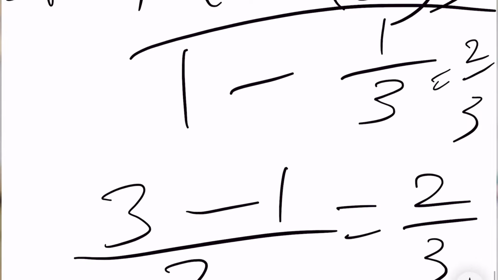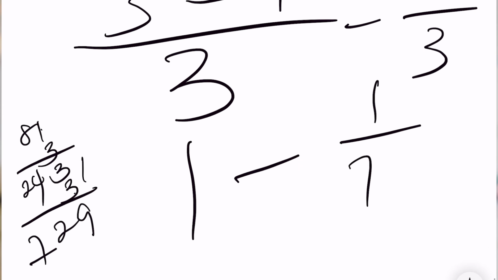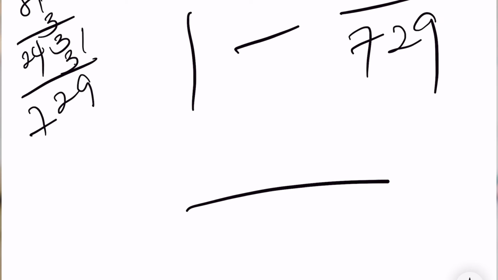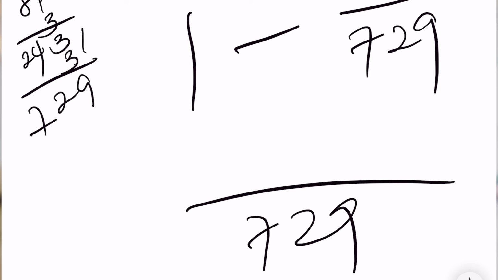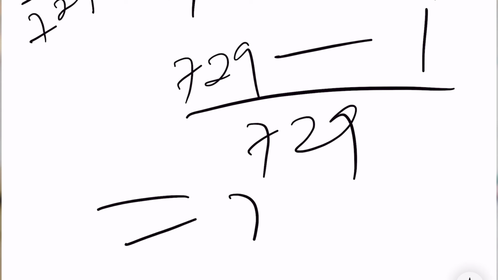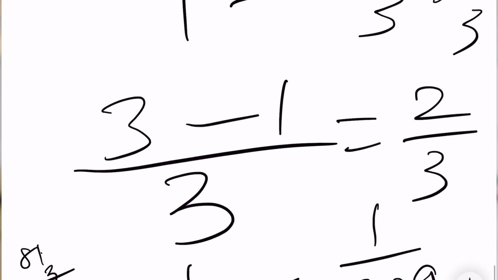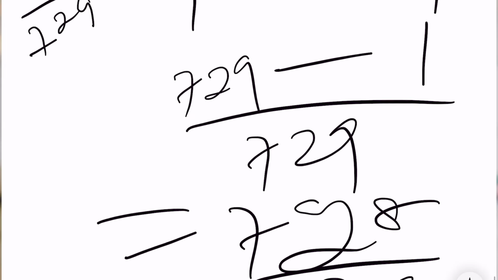So we have 1 minus 1 over 729, which is 729 minus 1 over 729, so we have 728 over 729.